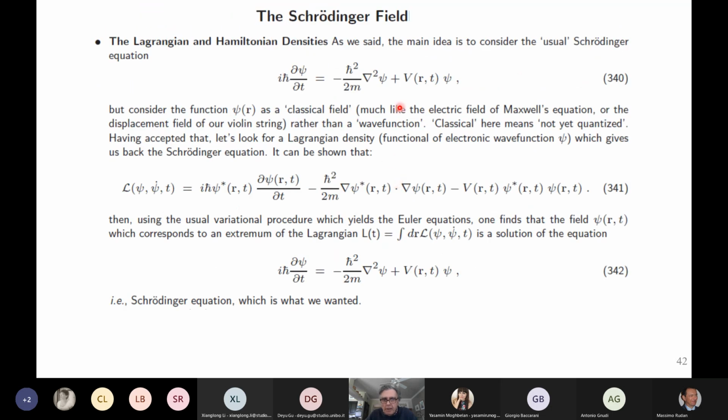The important thing is that this equation has to be viewed as a classical equation, classical in quotes, if you wish, for a classical field psi, which I call the Schrödinger field. I think that everybody is familiar with the electric field, maybe the gravitational field. Talking about a Schrödinger field leaves people uneasy.